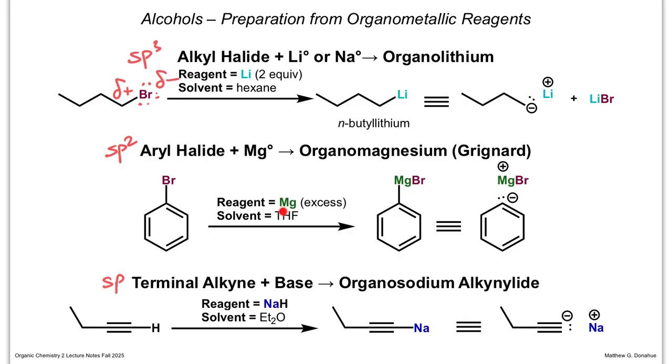It's going to reverse the polarity of that bond. So that your carbon is now negative, the magnesium's positive, and notice the stoichiometry here, because magnesium's group 2. One of the anions is carbon, the other one is bromide, Br minus.